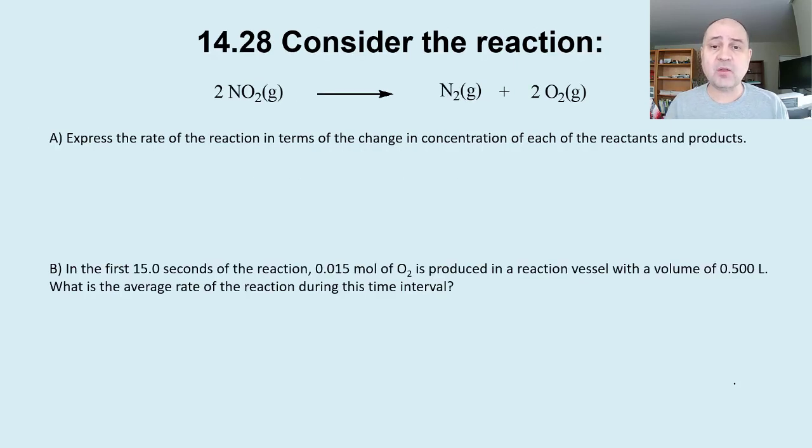Now we will work another one very similar, just to reinforce this concept. First, we're going to express the rate of the reaction in terms of all of the reagents and the products.